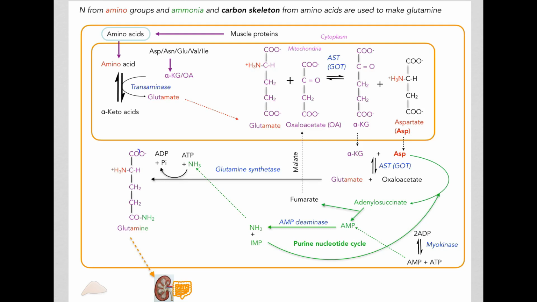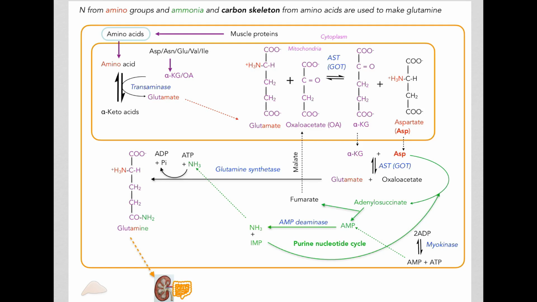Recall that the carbon skeleton in the case of alanine actually came from pyruvate, and that pyruvate came from glycogen. Not an amino acid, but glycogen. So in the case of alanine, the carbon skeletons are mostly from glycogen.